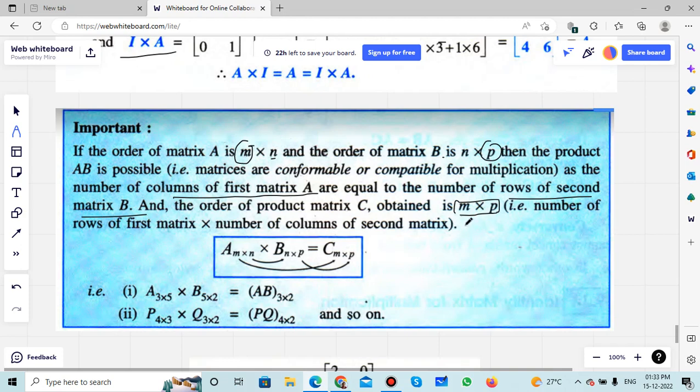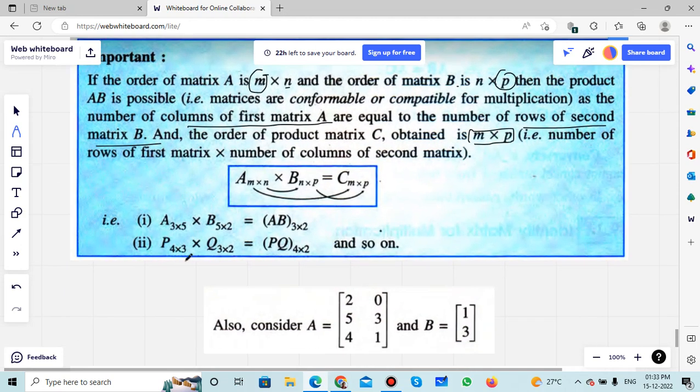For example, say the first matrix has 3 rows and 5 columns, 3 by 5, and another matrix is 5 by 2. Then you can see the 5 and 5 are common, so we will not take them. The product of A and B will be of order 3 by 2.